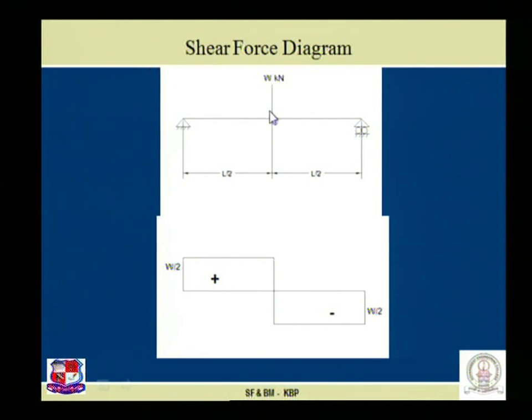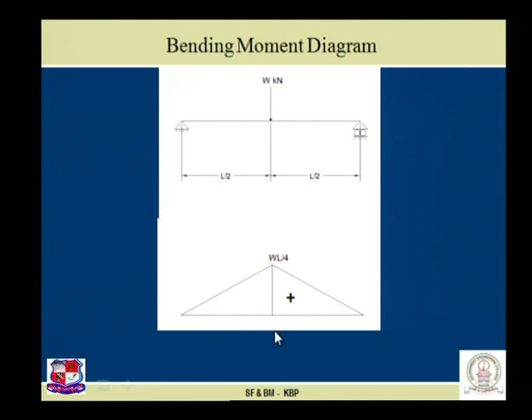At a point load, the shear force changes abruptly. For the bending moment diagram, between two point loads, if there is no load, the variation of BMD is given by an inclined straight line. And the value of BMD at the two supports of a simply supported beam is 0. Let us go for the next problem.